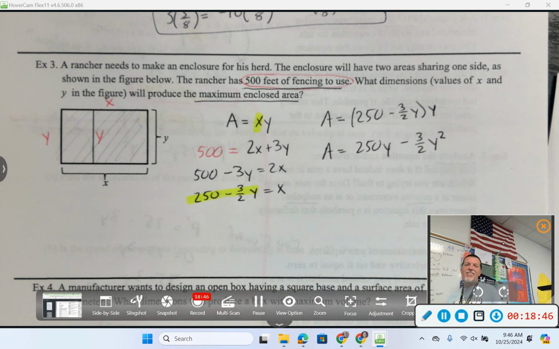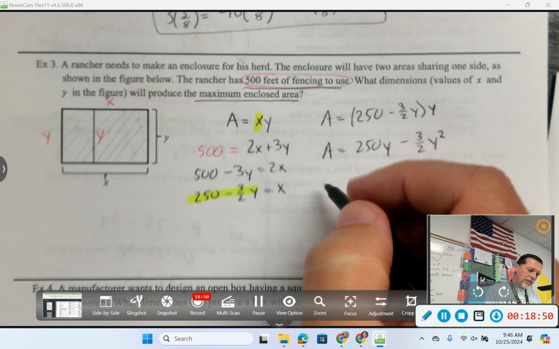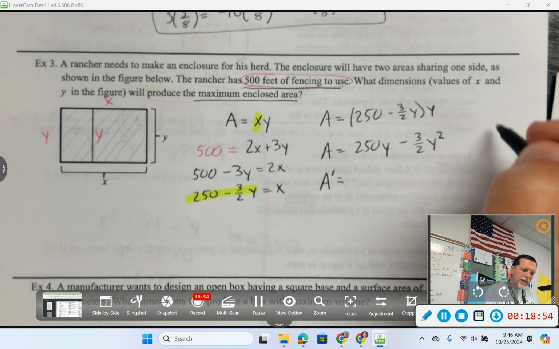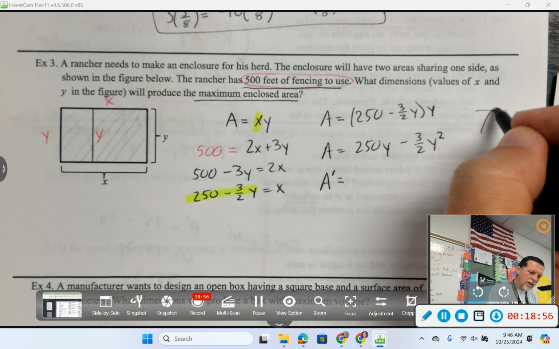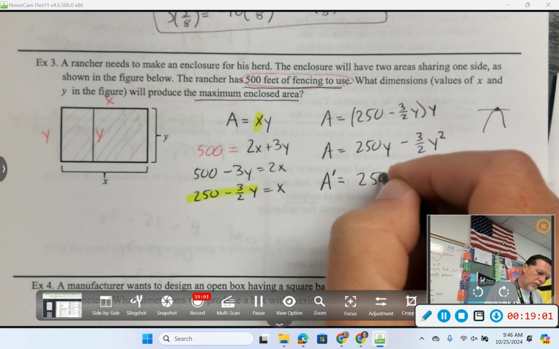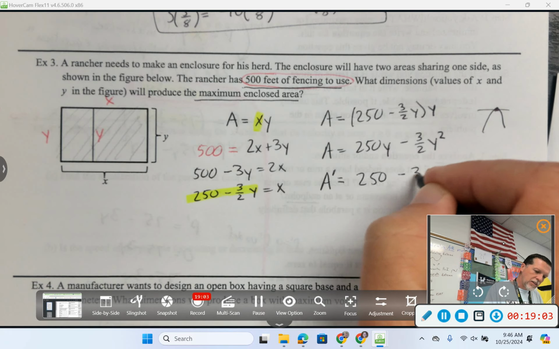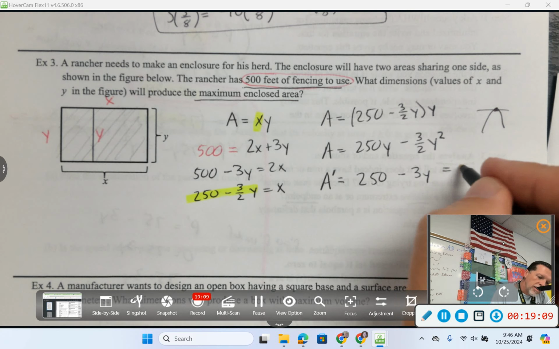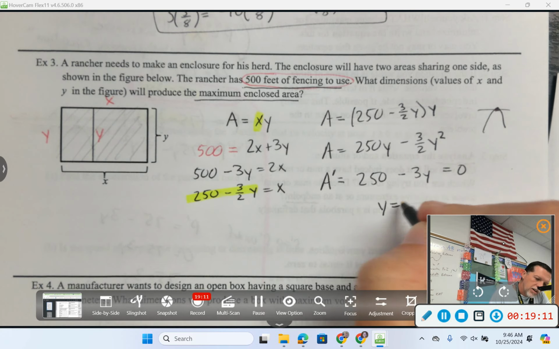The derivative is going to be easier too, rather than having the thirds to deal with. So let's take a derivative of A, because I know this is a parabola, I know it's a downward parabola, so I know we're headed for a max here. So A prime is 250 minus 3y. So we're still going to have to divide by 3 here, but that's okay. Set that equal to 0.